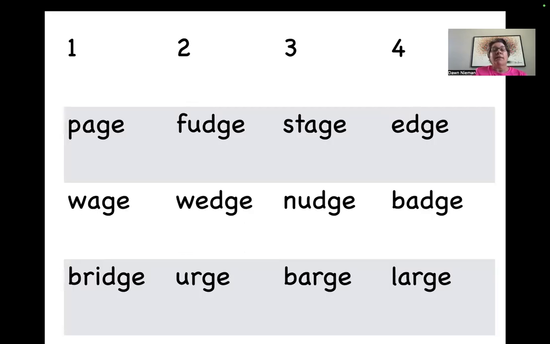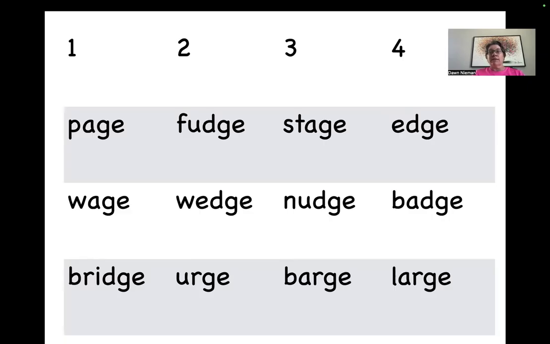And then I'm going to get them to read several words. Now, when they read these words, it's more than just reading them. They need to make sure that they blend them together. And you obviously need to continue to develop vocabulary. So, although they probably know what is page and what is fudge, do they know what is a wedge?